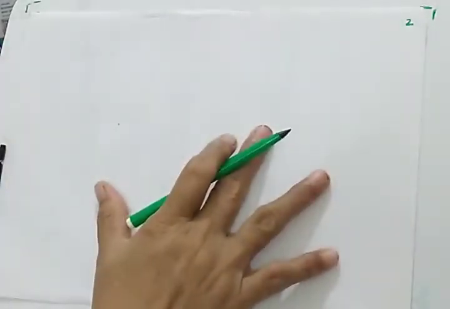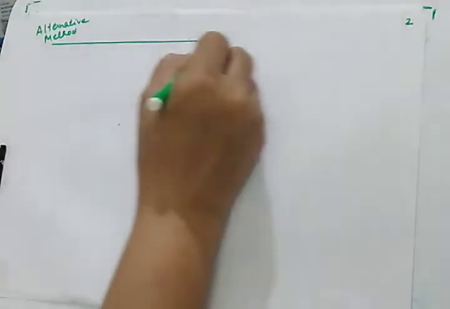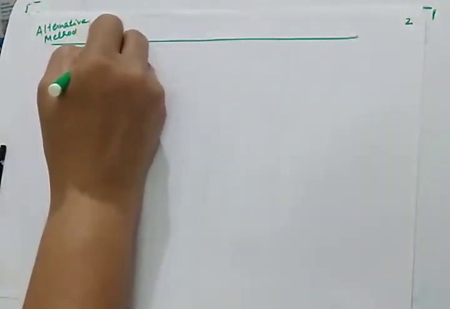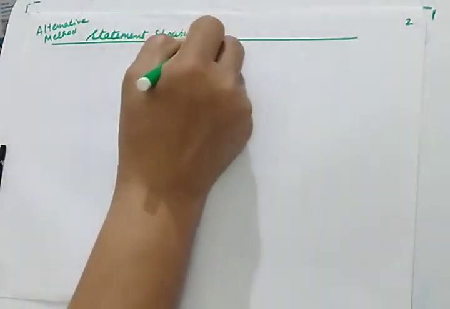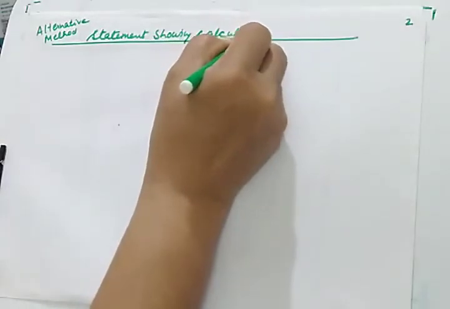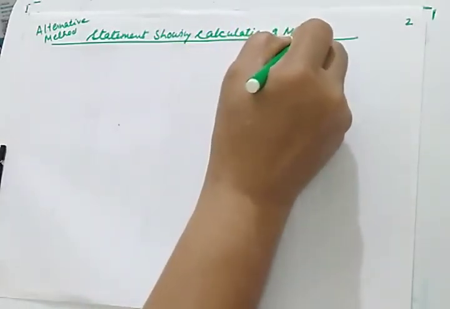Through a statement, this can be done as a shortcut method or student friendly method, an alternative method of calculating through a statement showing calculation of material consumed.